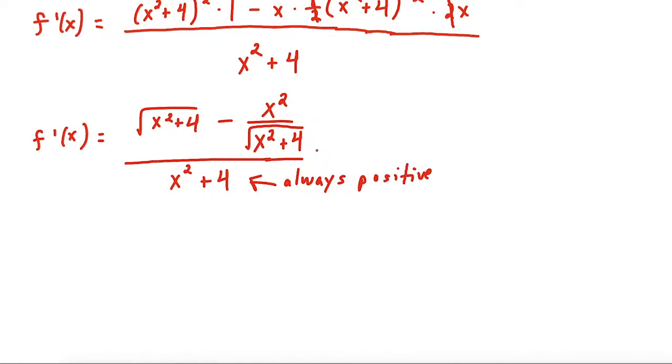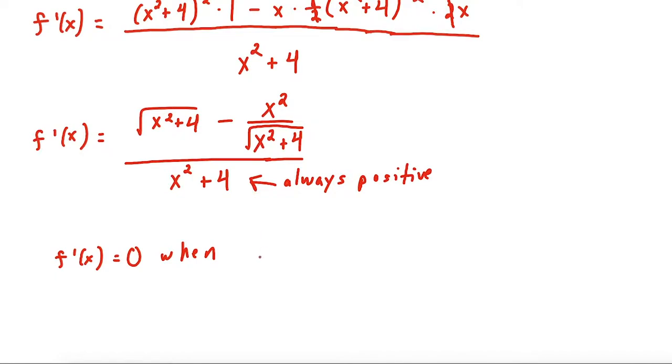So really, if there are going to be any x values that make the derivative negative, it's going to come from the expression in the numerator. So what we should do is look for when f prime of x is equal to 0. So f prime of x is equal to 0 when the numerator is equal to 0 and the denominator is non-zero, which is not going to be a problem because the denominator is always positive.